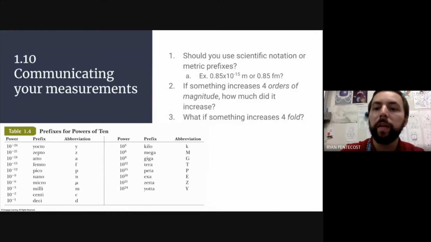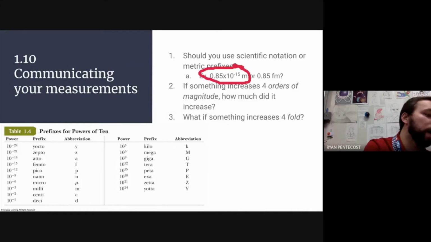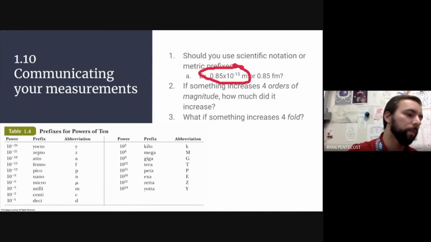We don't want to put that in femtometers because that doesn't really tell us how much a meter changed, right? Then you'd have to know that a femtometer is 10 to the negative 15th. So if I were communicating that, I would say that bar changed by that many meters, because we're using the same unit all the way through. When you start jumping units, it's kind of hard to understand what information is trying to be communicated, right?